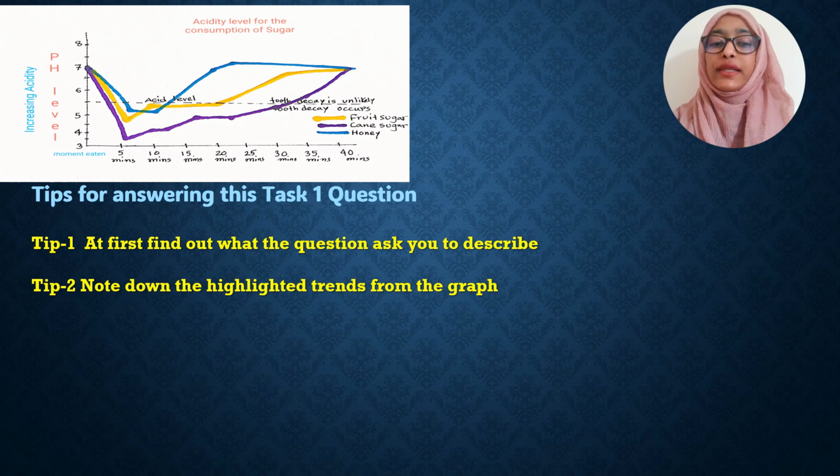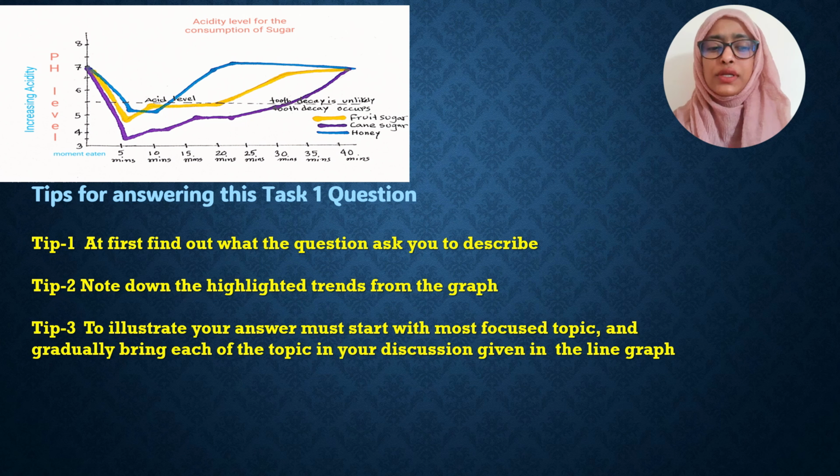Note down the highlighted trends from the graph. Actually what they ask, actually not the whole data they have given in the graph, the most important thing they ask you to do in the graph. Okay, to illustrate your answer, you must start with the most focused topic. There will be many topics and a lot of data, but among them you will not start with the very simple one, you will start with the most focused one and gradually bring each of them into your writing, into your discussion.